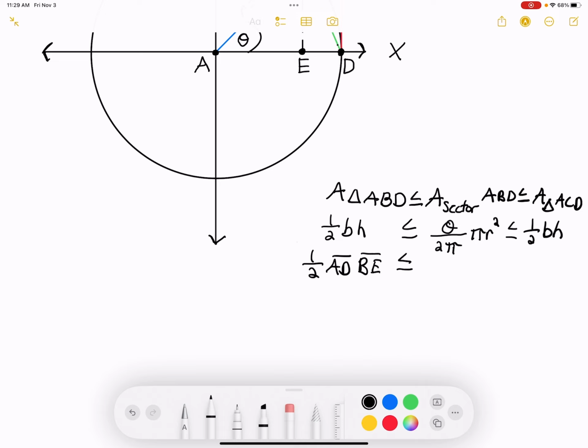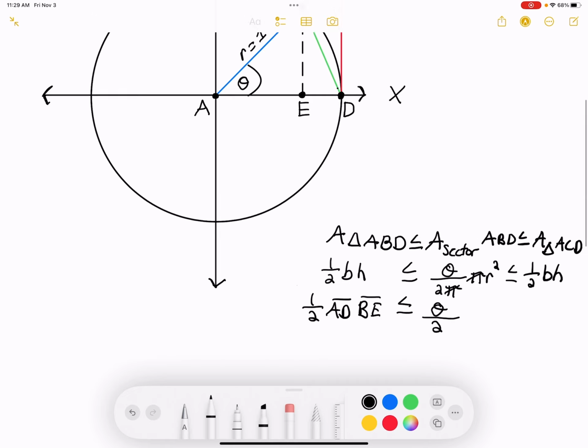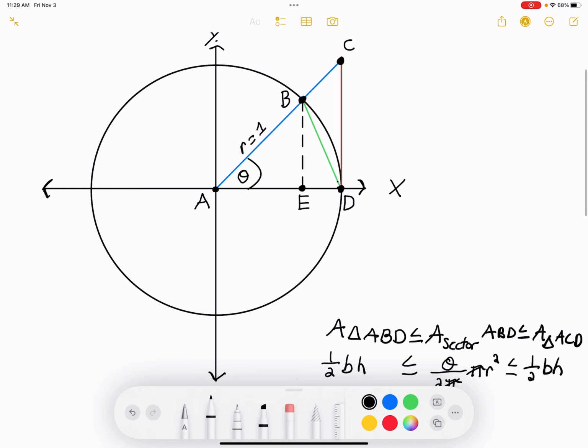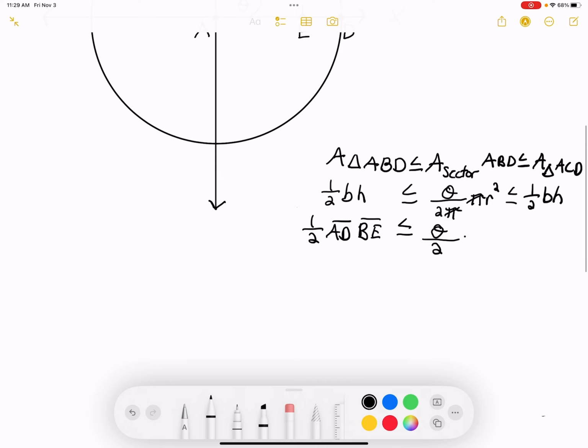You'll notice here in the sector formula that these pi's cancel out. So we're left with theta over 2 times r squared. Well, you'll notice that r of the sector is simply 1. This is a unit circle. So we could just plug in 1 there.